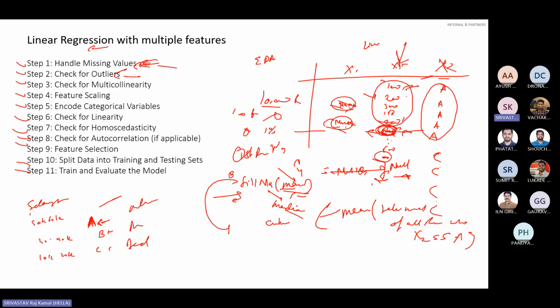If a null exists for A, why should I take the mean of the guys having 10, 20, 30, 40 also? I just replace it with the mean of the guys who are already in A. That is what I wanted to convey here. So it's up to us what relation we want to use. There could be one more column, even better, a more granular column on which I can take the better mean or median.